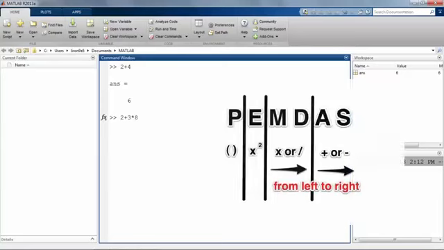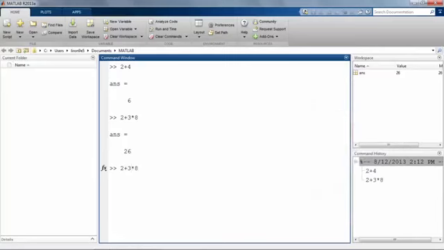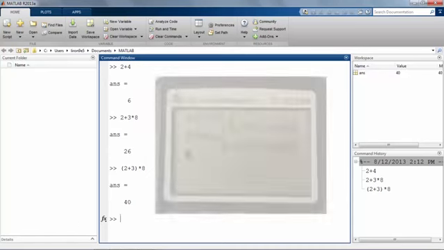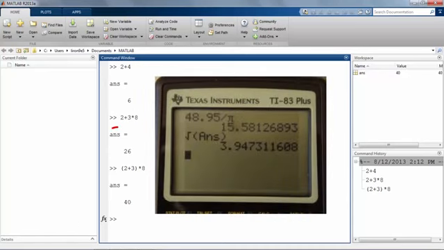The order of operations is absolutely respected in MATLAB. If you want to bypass that, and if you want the addition to happen first, you will have to go back and put parentheses. Notice the keyword that keeps showing up, ANS. Same as a calculator, this stores your latest result.